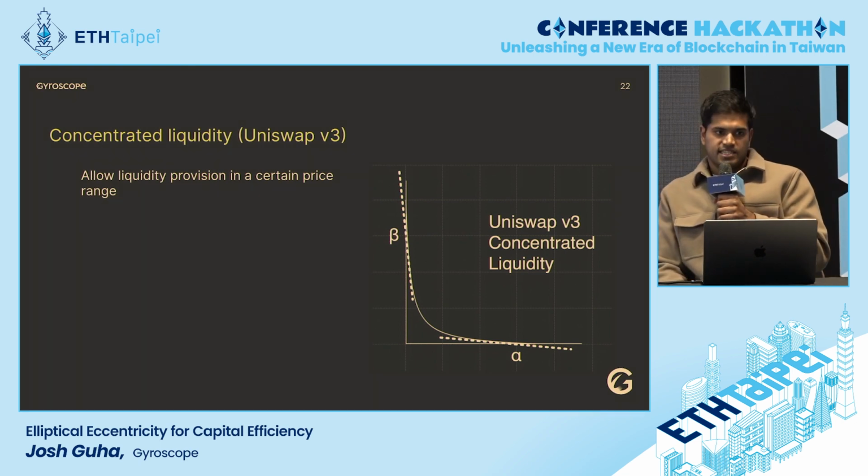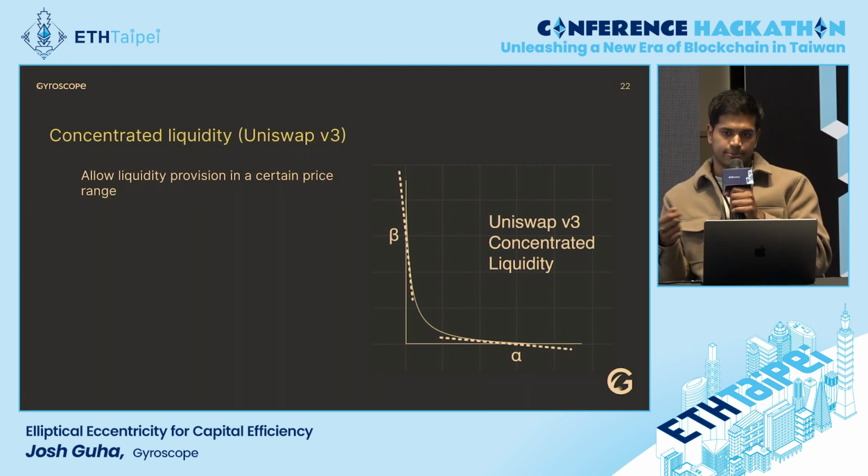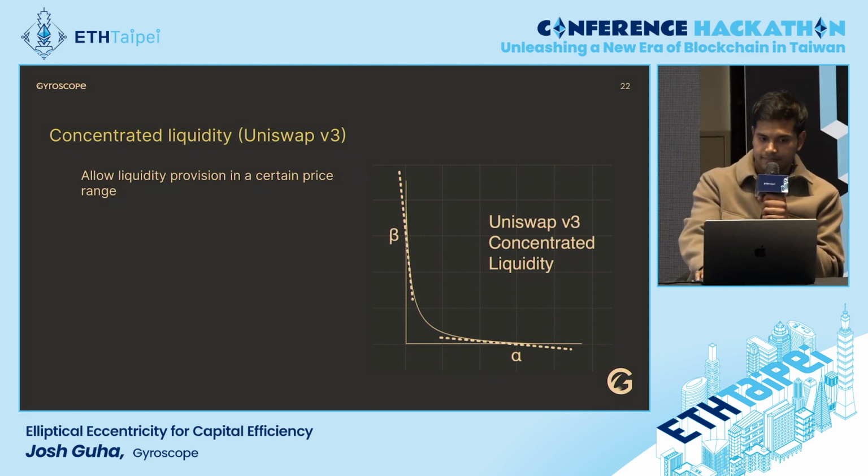Then in May 2021, Uniswap v3 was launched. It represented a large advancement in AMM design by introducing this concept of concentrated liquidity. This means that liquidity providers could specify over which price range they wanted to provide liquidity, in effect gaining a multiplier on their provisions and leveraging their positions.